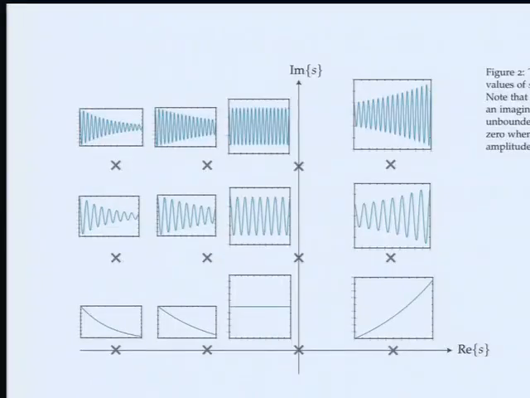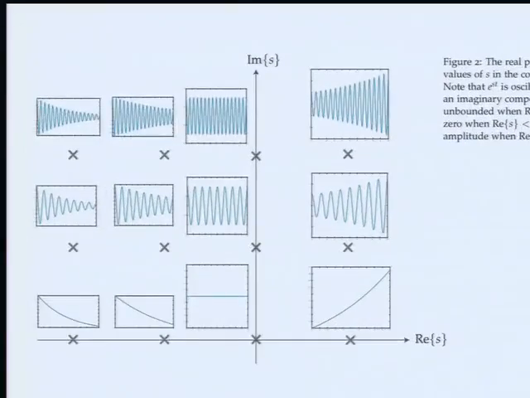Mapping poles. This is basically showing you several locations of a complex number s and e to the st when s is one of those numbers, right? So this tells you what to expect. If you have poles on the right half plane, that's not good. Why is it not good? You're exploding. You're just unstable. If you have poles in the left half plane, you may be excitable, you may just oscillate, but you'll be decaying.